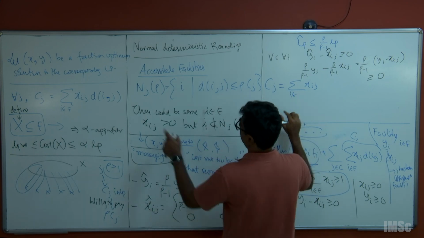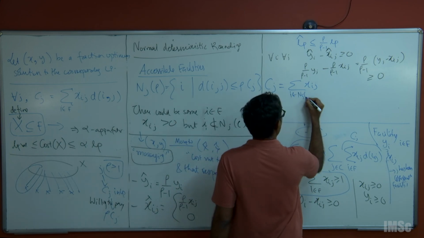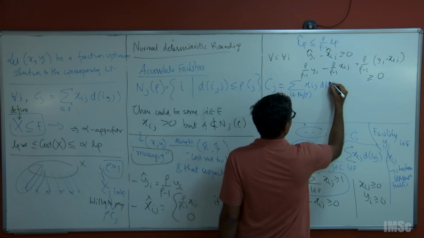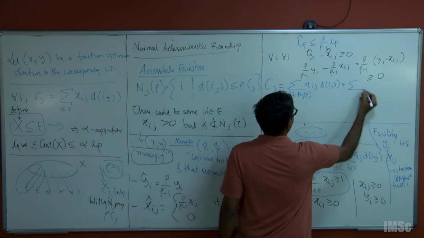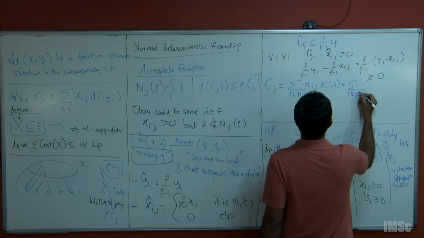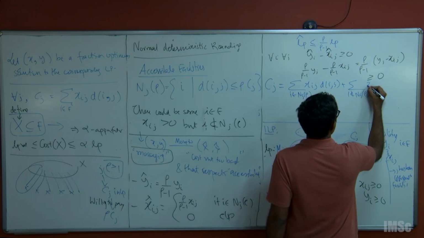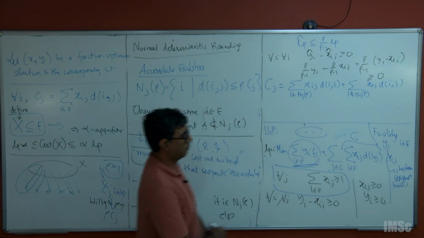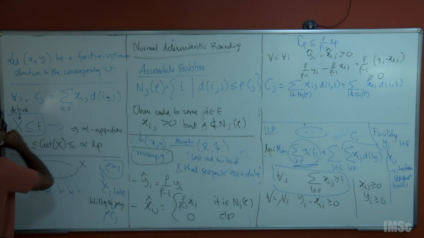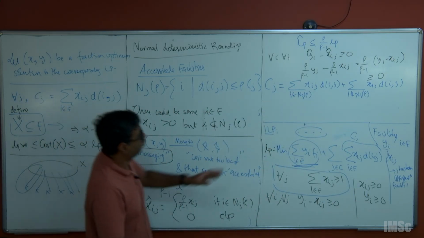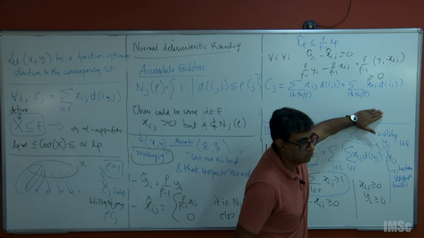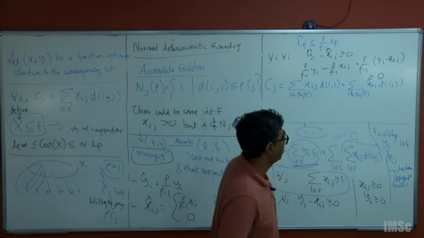I say summation over i in Nj of rho dij plus summation over i not in Nj of rho xij dij. Is that correct? Because it is over all the facilities, those that belong to my accessible set first and those which are not. That's just exactly the sum.